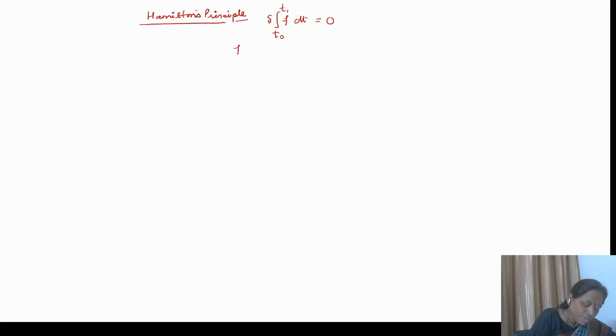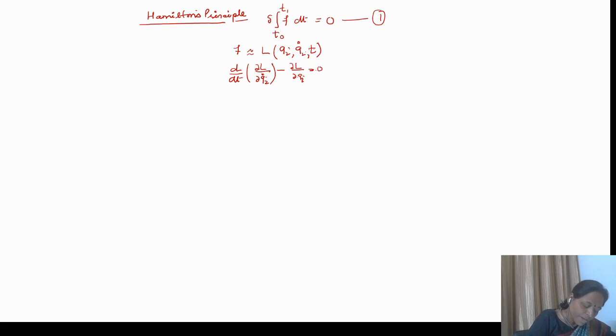So if this f is L, and L depends on q_i, q_i dot and time, then this principle provides you the equations which are the Lagrange equations of motion, like d/dt of delta L by delta q_i dot minus delta L by delta q_i is equal to 0.